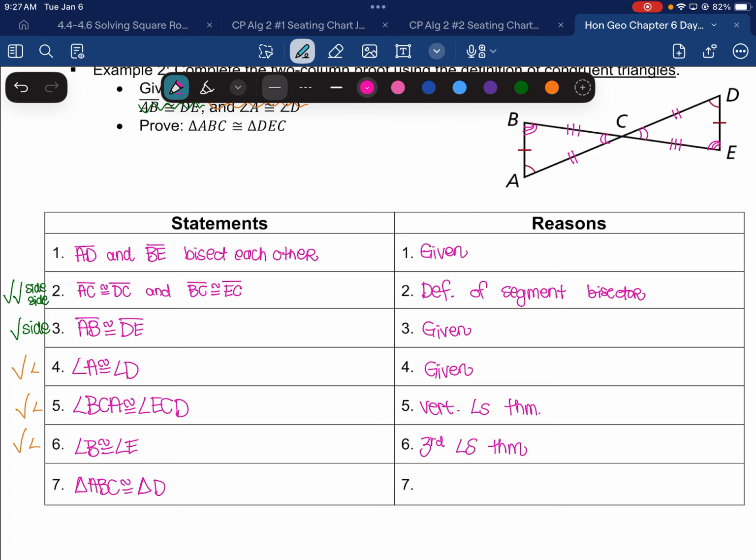Triangle ABC is congruent to triangle DEC. Reason? Triangles, yeah. Definition of congruent triangles. Awesome.